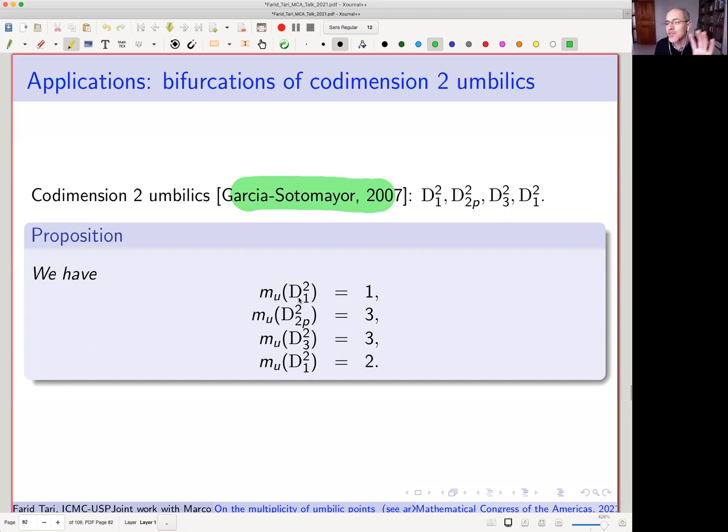The topological structure of the lines will change, but the umbilic will remain 1. So you have a change from one type of umbilic to another, but you still have only 1. At this point, you should expect 3 umbilic points when you deform the surface, here 2, 3, and here 2. I hope, Ronaldo, you can check this is true in your calculations.